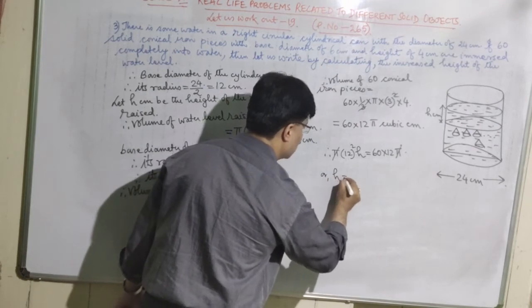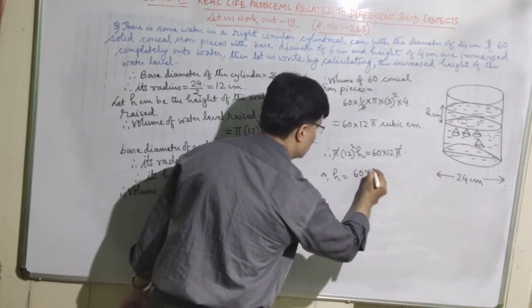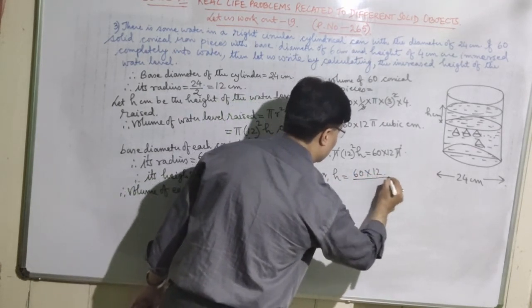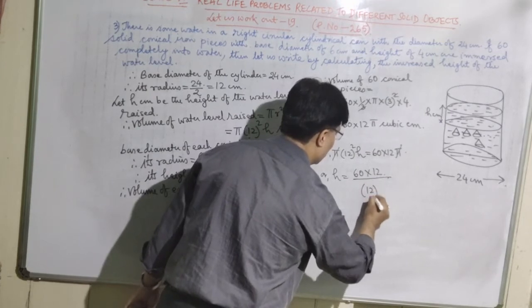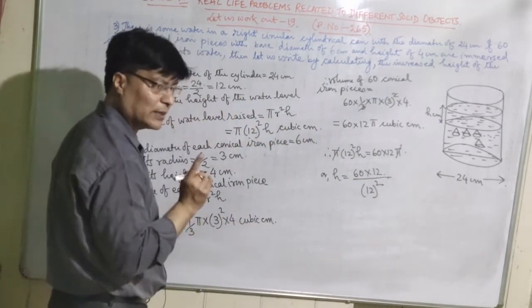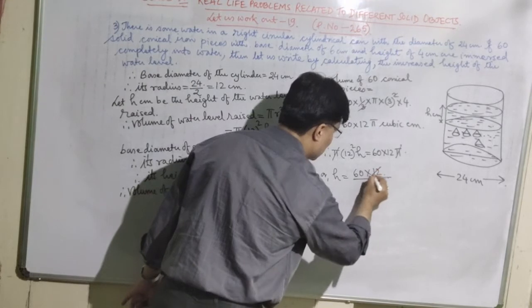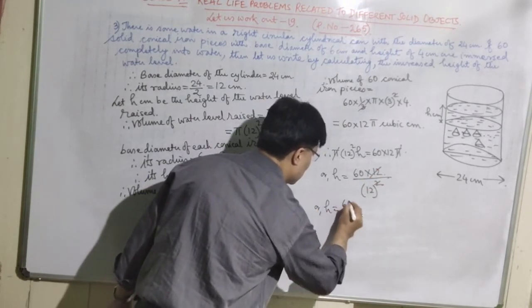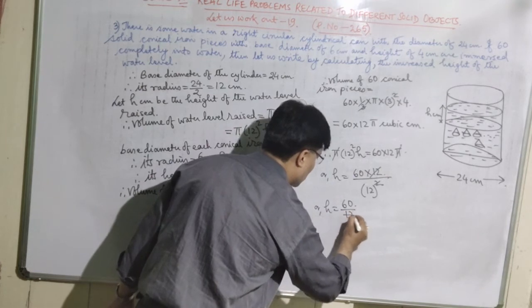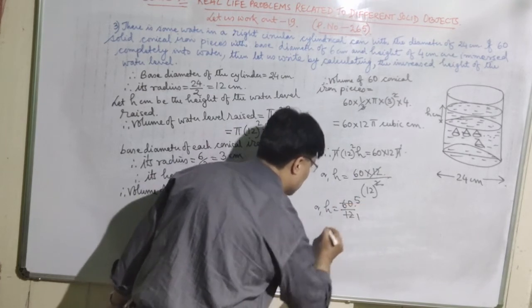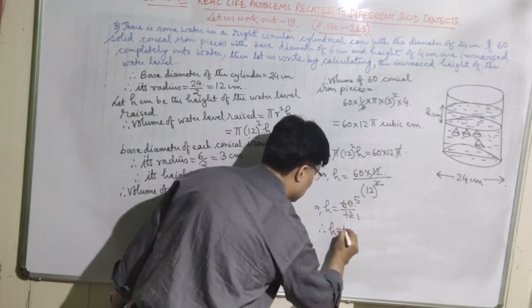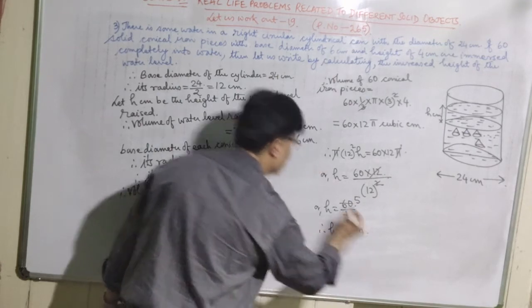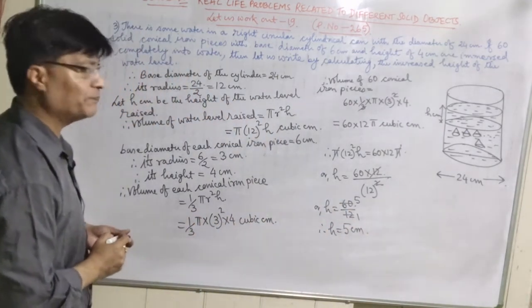What is the value for h? 60 into 12 divided by 12 whole square. Clear? So here you can cancel this 12, and h is equal to 60 by 12. 12 ones are 12, 12 fives are 60. That is h is equal to 5. What is the unit? 5 centimeter.